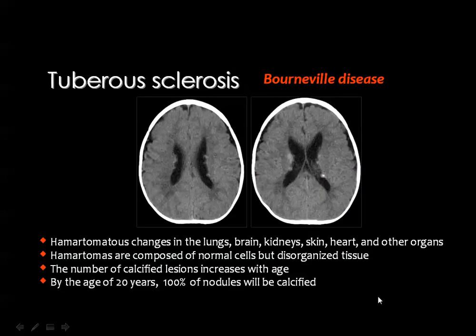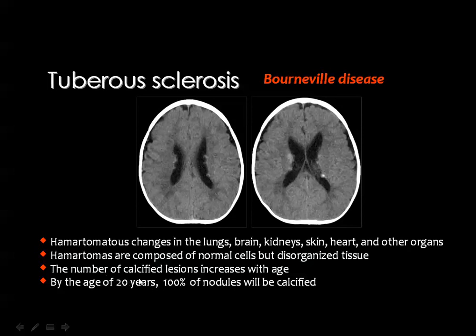Hamartomas can occur in the lung, brain, kidney, skin, heart, and other organs. These hamartomas are composed of normal cells, but they are present in abnormal location or in abnormal distribution.